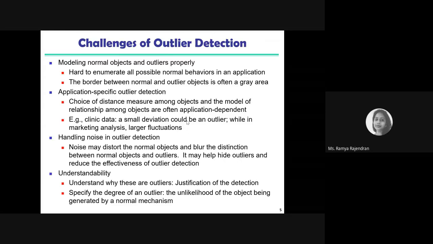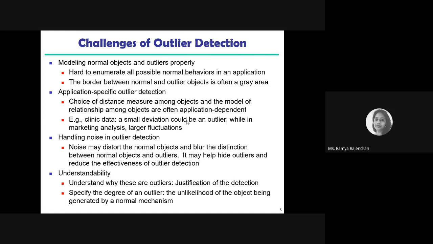So just the deviation of 2 is considered low. But in marketing and sales data, these numbers don't create much difference, so larger fluctuations are allowed. So it depends on the distance, the numbers and the relationship.